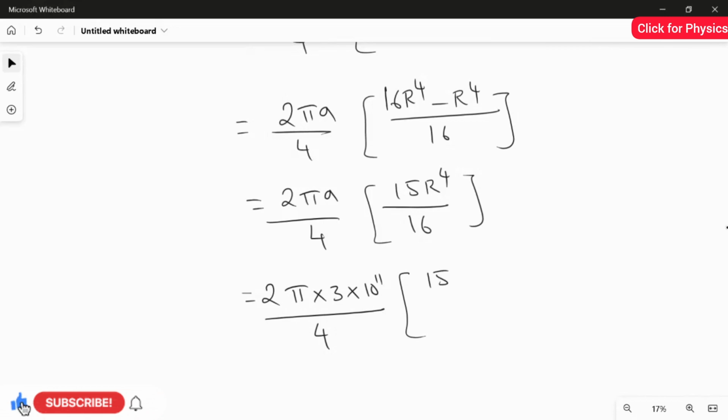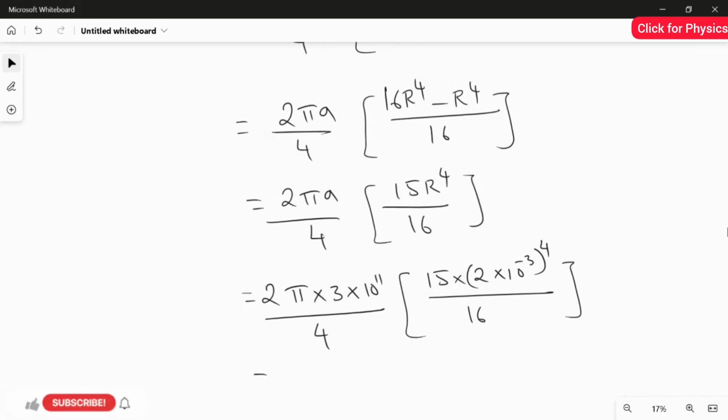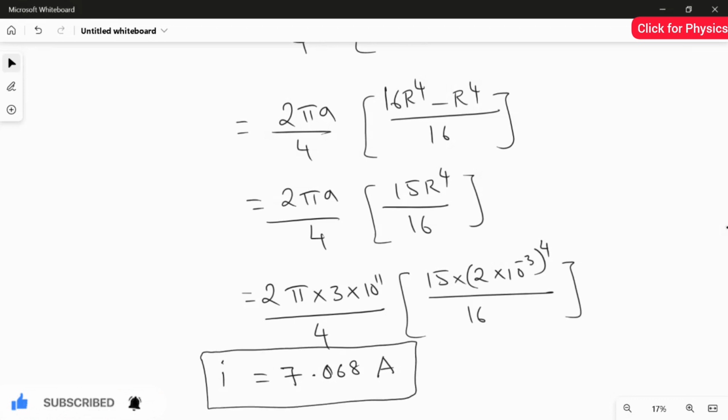Inside you have 15, and the value of R is 2 millimeters, so 2 multiplied by 10 power minus 3, the whole power 4, divided by 16. Let's see what the answer is here. So here I got the answer as 7.068 ampere. So if the current density is not uniform, this is the answer.